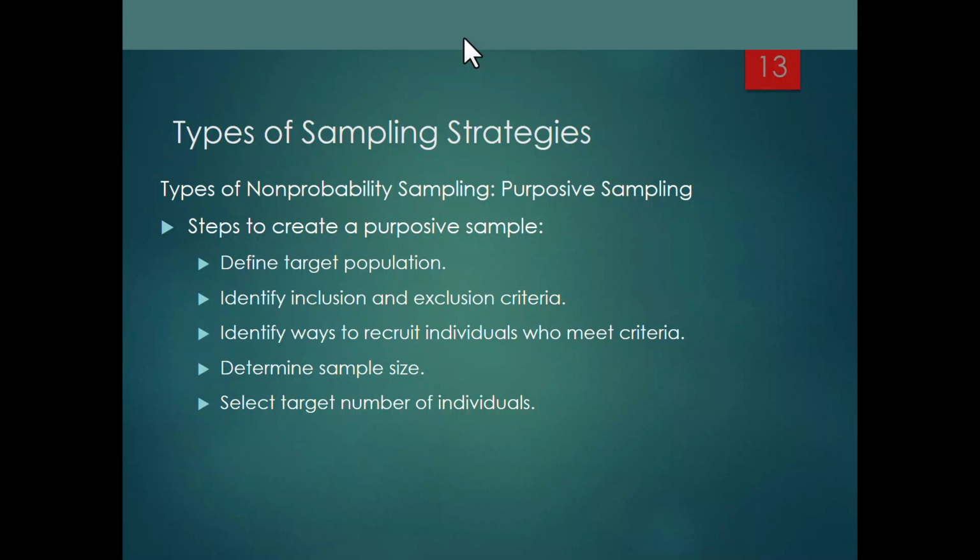Define your target population, identify inclusion and exclusion criteria. So basically determine who should be included and who should be excluded. Identify ways to recruit individuals who meet your criteria. Determine your sample size, and then select your target number of participants.